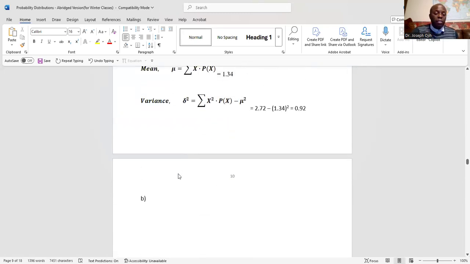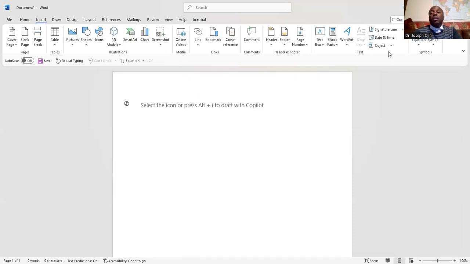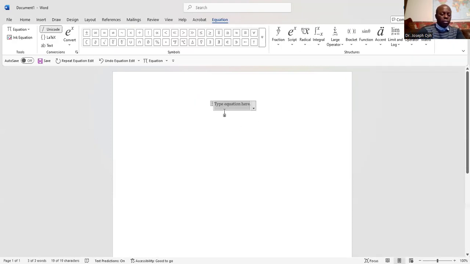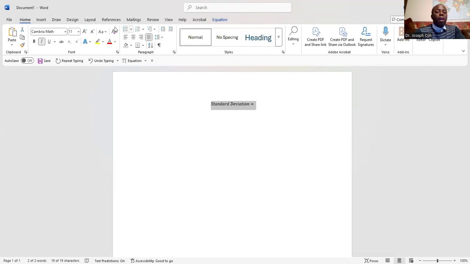So for the standard deviation, it won't allow me to put the formula here, so I'm going to get it from the other workbook. Okay, standard deviation.